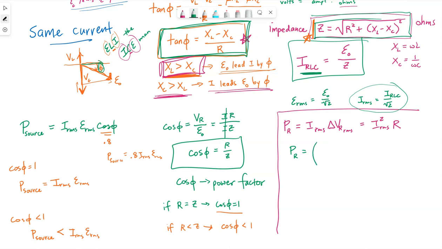If we plug that in for IRMS, we end up being able to say that the power dissipated by the resistor is 1/2 of that max current squared times the resistor value specifically.